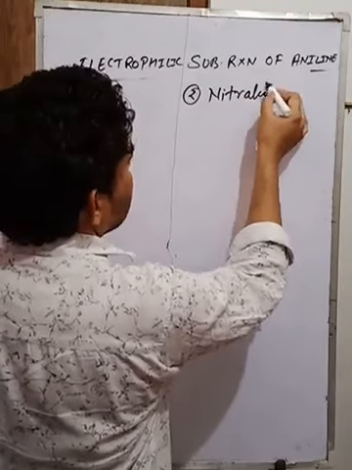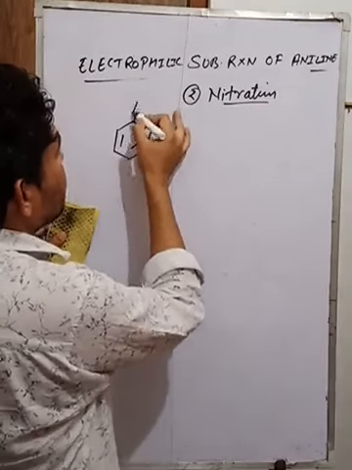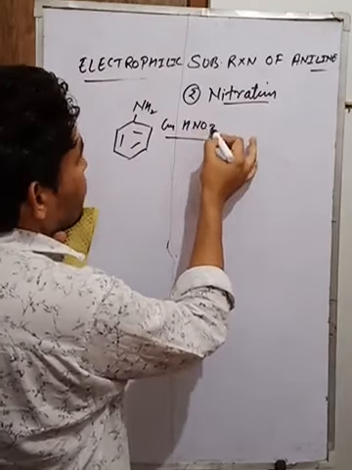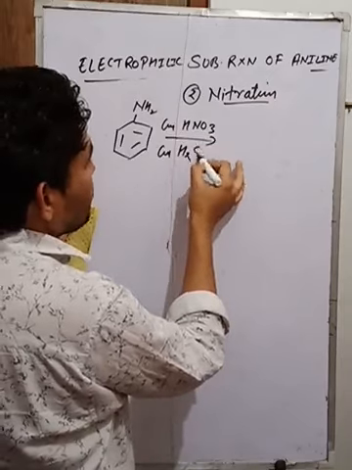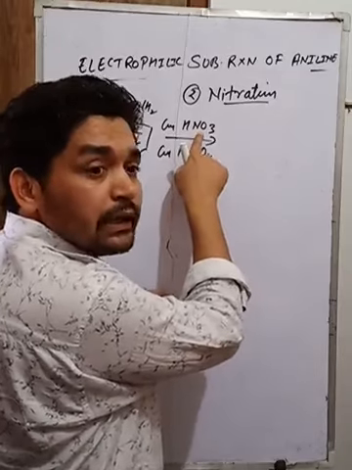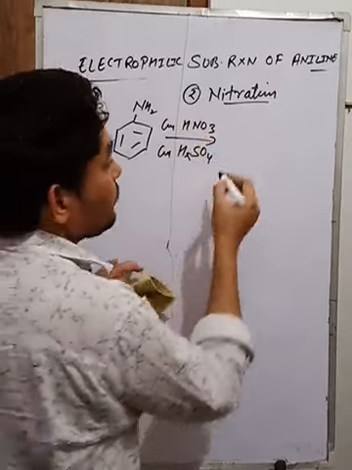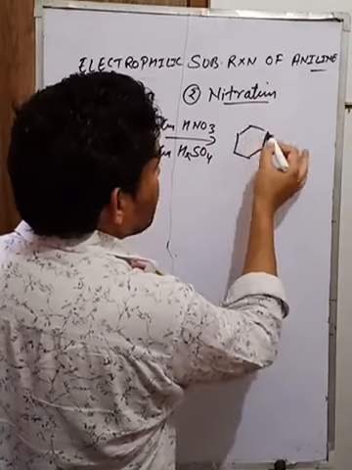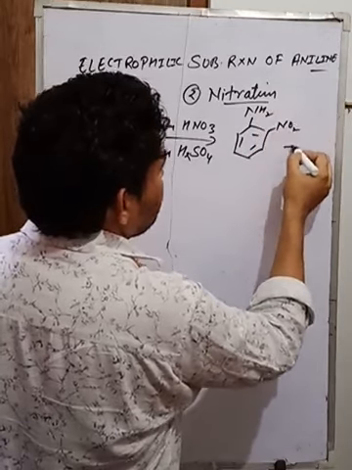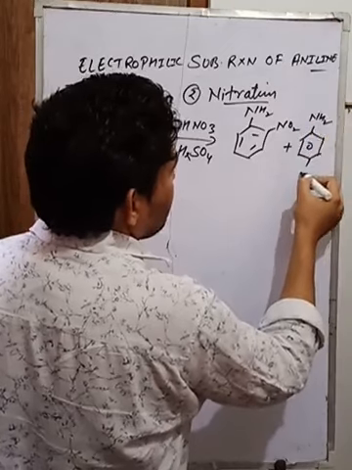Nitration of aniline. When aniline is treated with concentrated nitric acid in the presence of a few drops of sulfuric acid, that is the nitrating mixture, we get the ortho product and the para product.